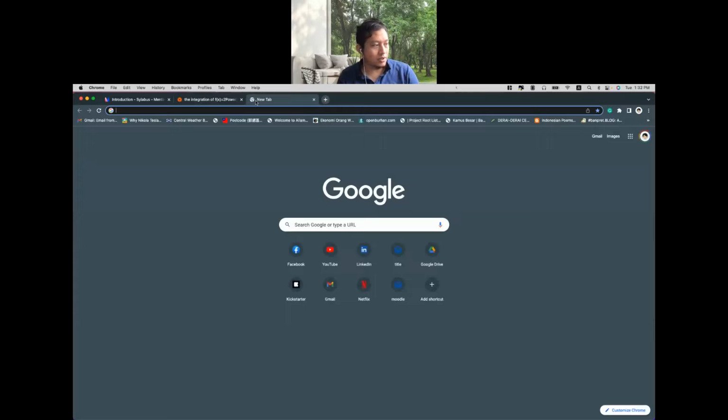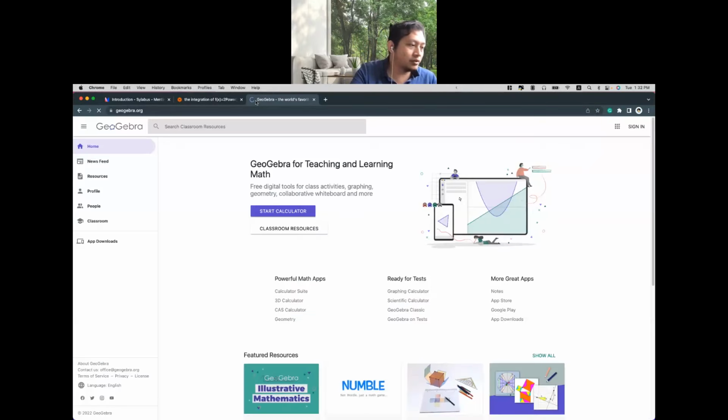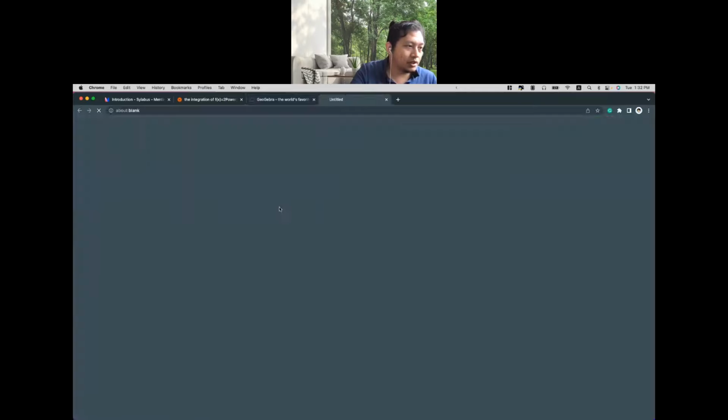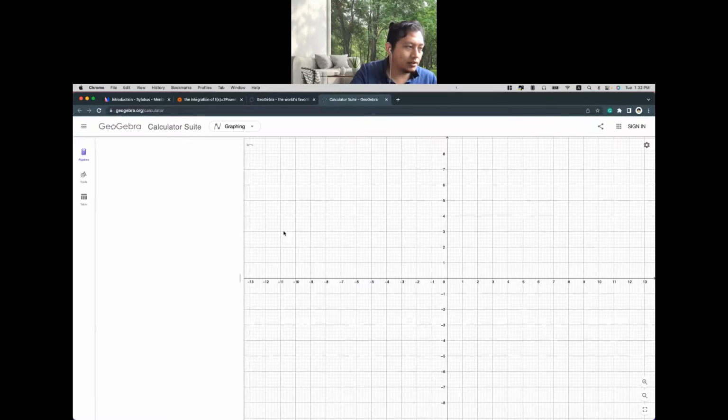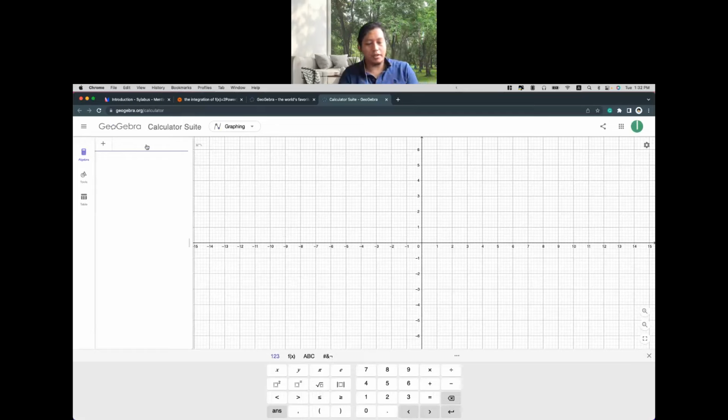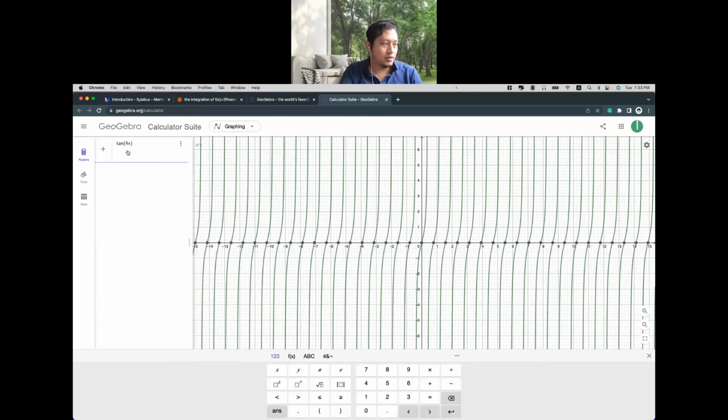The other is the GeoGebra. It's also really helpful. Okay. For example, we start by this calculator side. We can make a graph, okay? Maybe tangent for x, and that's the graph.